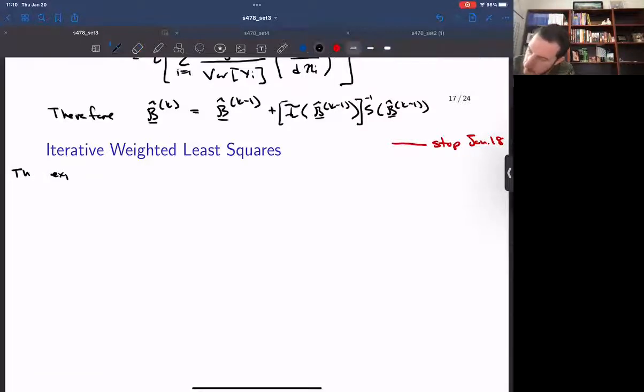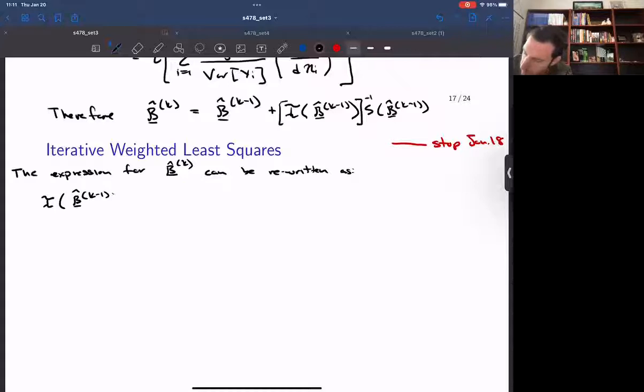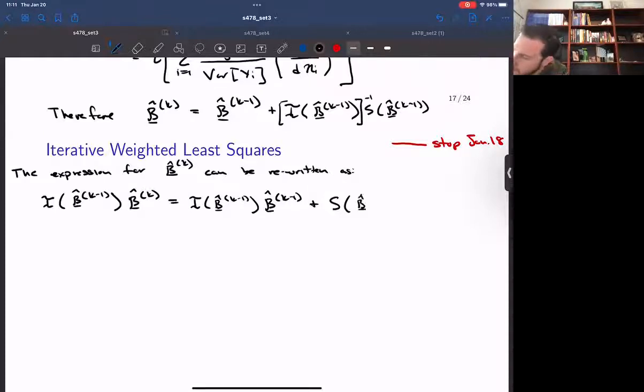All right, so we're going to have the information matrix or function for beta on iteration k minus 1 multiplied by beta hat on iteration k is equal to the information function at iteration k minus 1, times beta hat at iteration k minus 1, plus the score function of beta hat on iteration k minus 1.